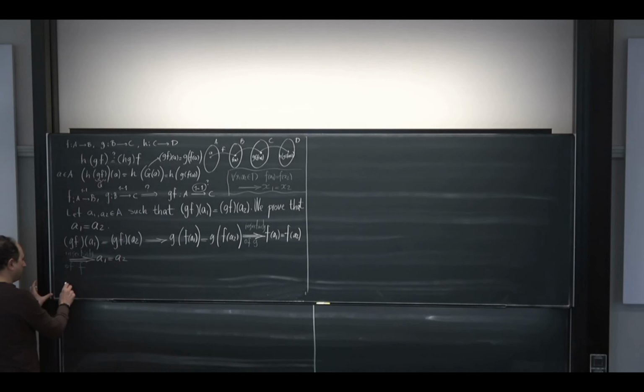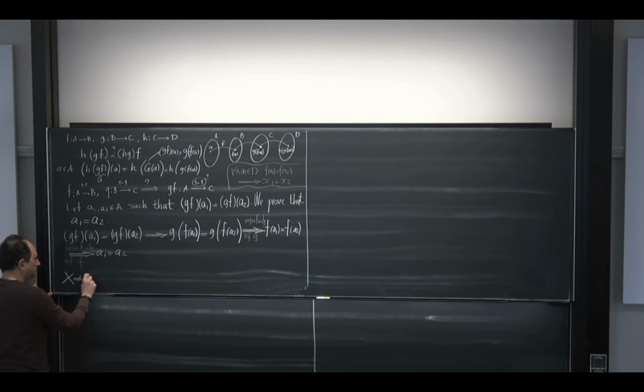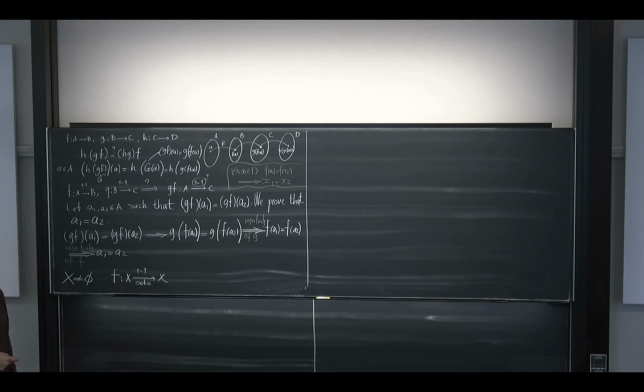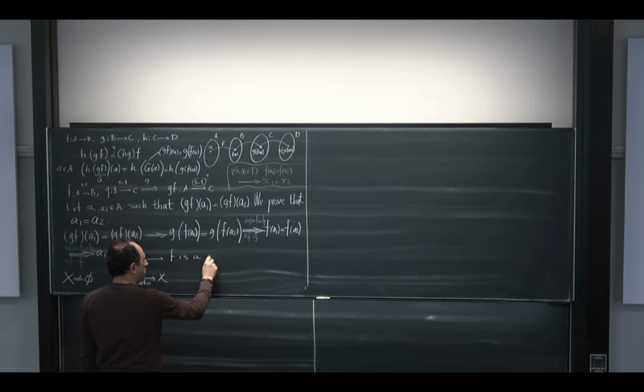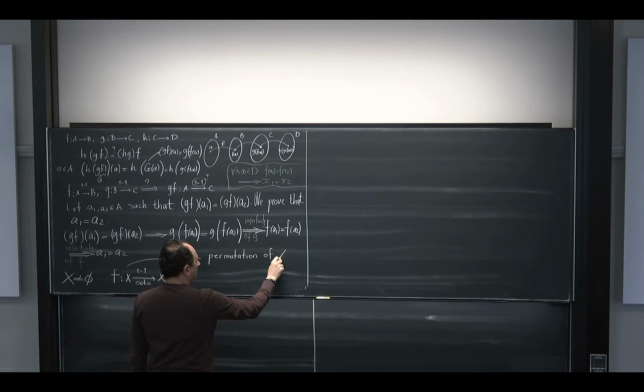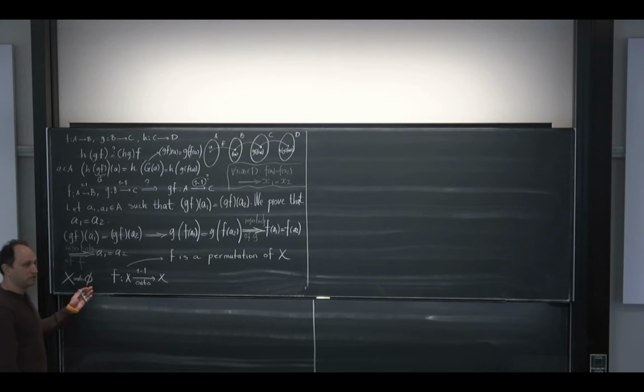So if you give me a set X which is not empty, and I have a function F from X to X itself, which is one-to-one (injective) and onto (surjective), I would say that F is a permutation of X. So from now on, if I say I have a permutation on a set, it means that I have a bijective function from the set to the set itself. Okay? And that's a good name.